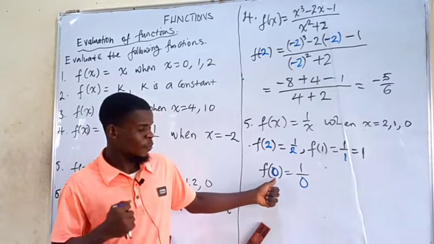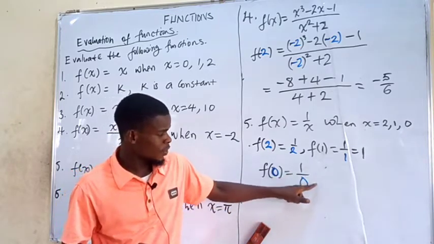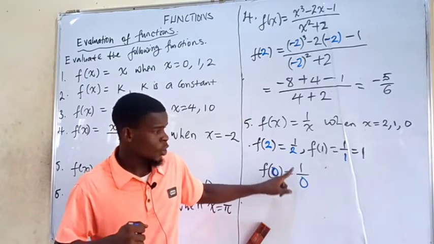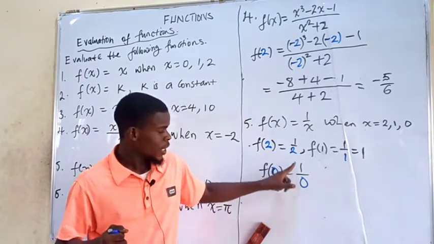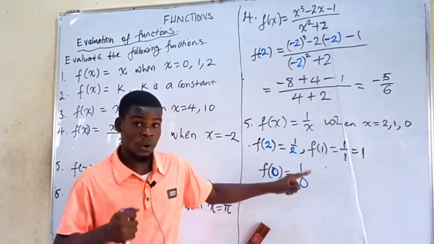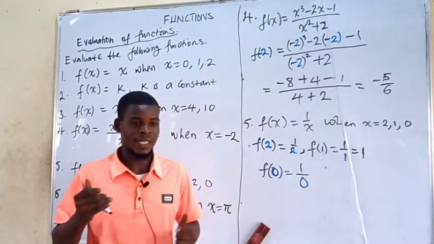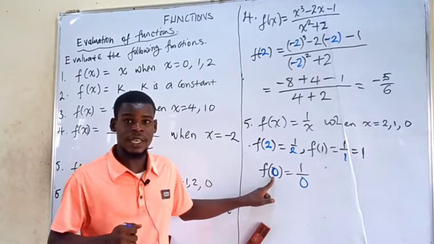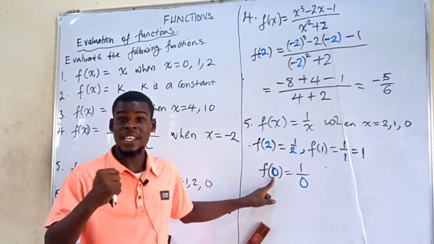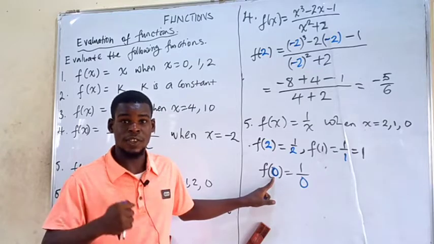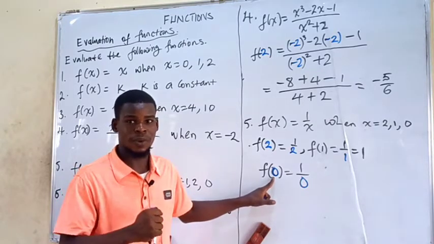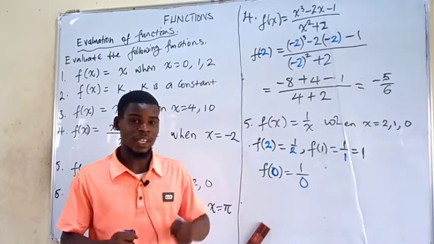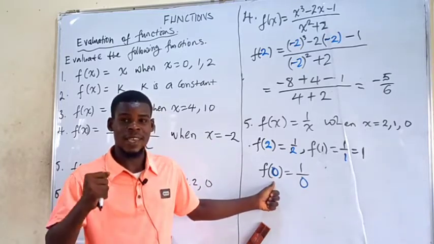So if you plug in something and the result is of the form something over 0, where this something is not 0, then the whole result is not defined. We say it is undefined. And as such, this 0 should not be an input of that function, since it does not give us a certain value as an output. So this should not be in the domain.